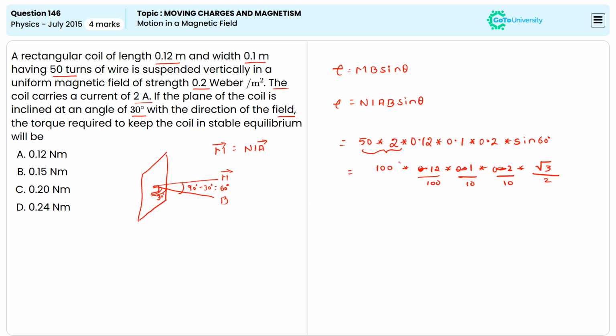Then if I simplify this, 100 will get cancelled, and 2 one times and 2 six times, then 6 into 2 is equal to 12. So 12 root 3 divided by 10 into 10, 100. Then 12 root 3 divided by 100. If I simplify this value, the value is 0.2 Newton meter. Then option C is the right answer here.